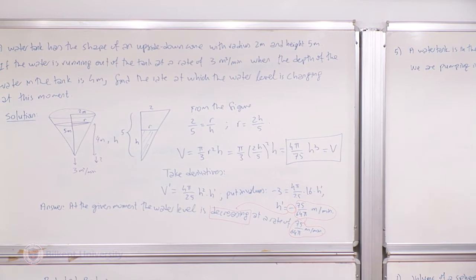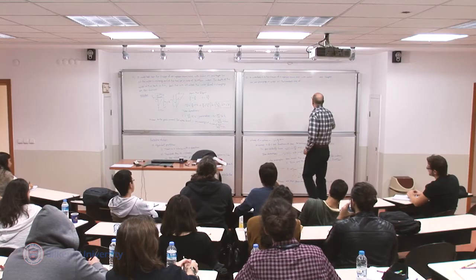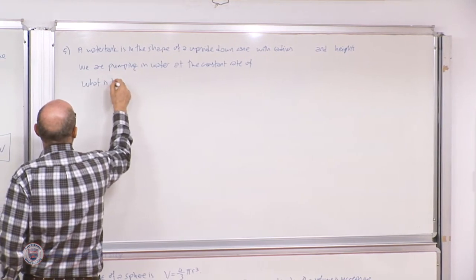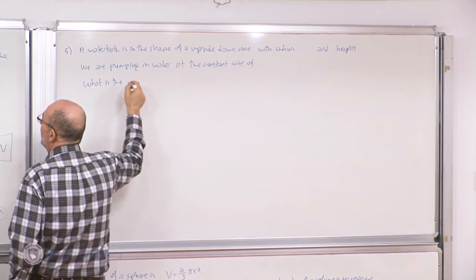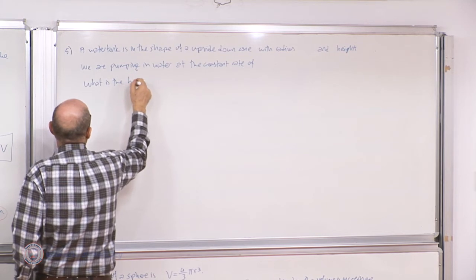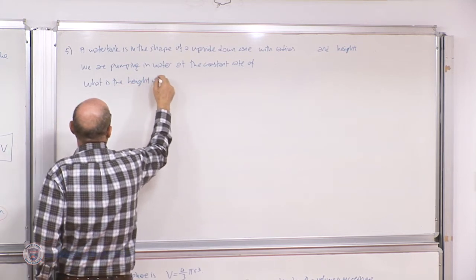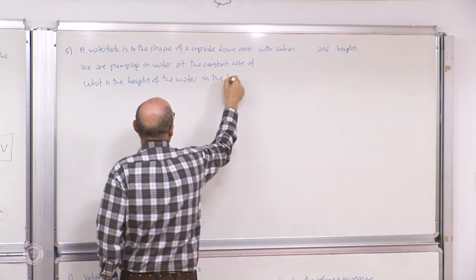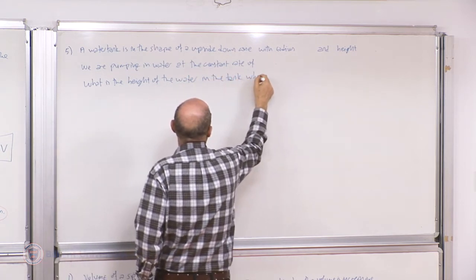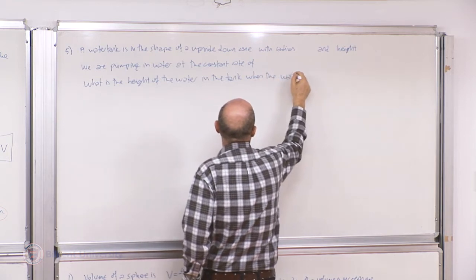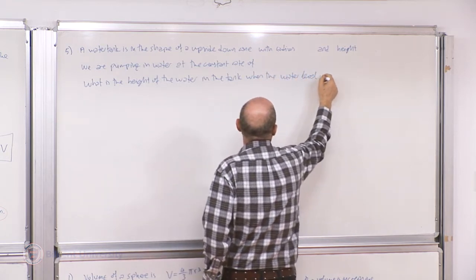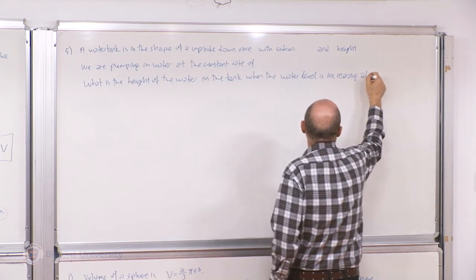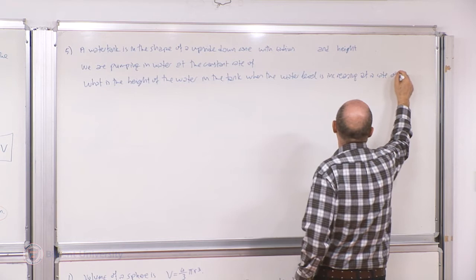So let's say we want to ask h. What is the height of the water? Or, let's say, what is the level? What is the height of the water in the tank when the water level is increasing at a rate of something.